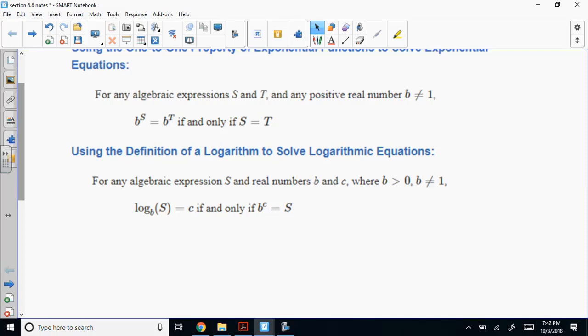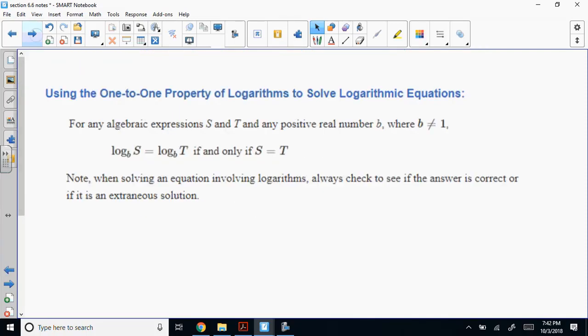And there's also, let's see if they have this property. Yeah. So I told you exponentials and logs are inverses of one another, right? So if you have an exponential with the same bases, you can set their exponents equal. If you have a log with the same bases, then you can set their arguments equal, right? But that's if and only if the bases are the same, right?